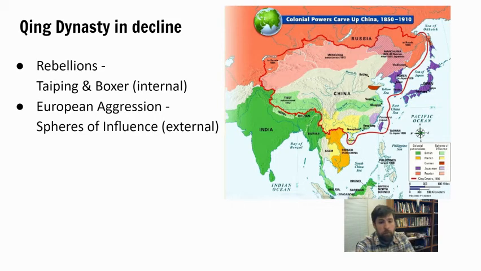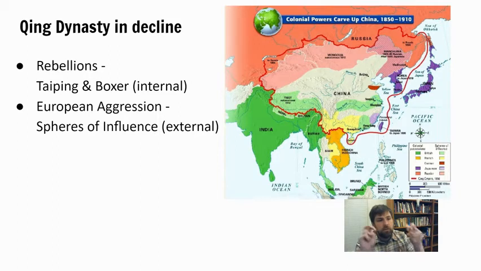Remember when we talked about the Opium Wars, where Britain wanted to have access to Chinese markets and couldn't get it. And so they began trading opium illegally with the people of China. And then they fought a war against China to ensure their ability to sell opium and forced the Qing Dynasty to sign a series of really lopsided treaties, giving the British and then other European powers access to parts of China.